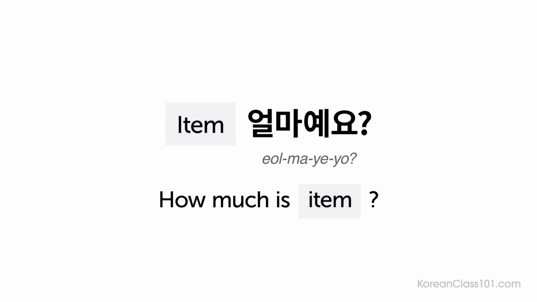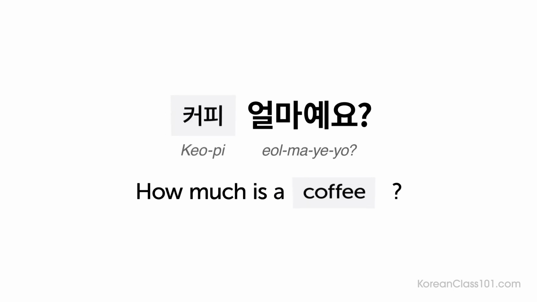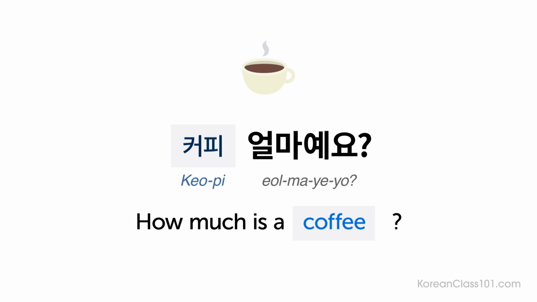The pattern is 아이템 얼마예요? How much is item? To use this pattern, simply replace the item placeholder with the thing you'd like to know the price of. Imagine you'd like to know the price of a coffee. 커피.